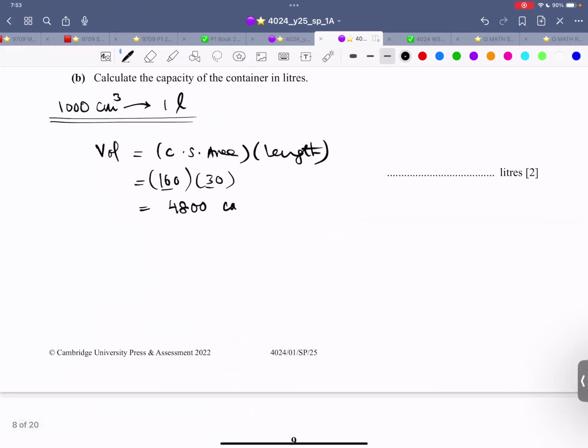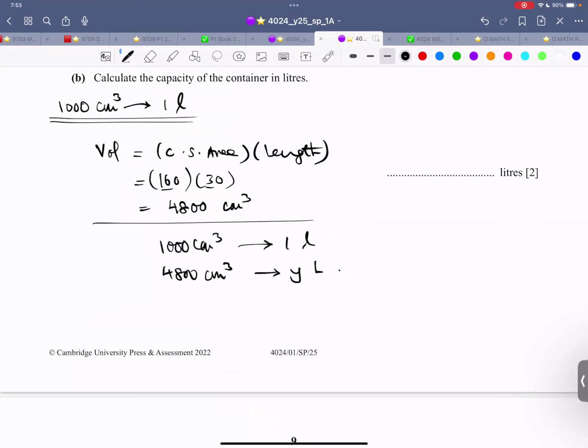This is centimeter cube. So now 1000 centimeter cube is 1 liter. Therefore, 4800 centimeter cube is y liters. So therefore, this is like this: 4800 into 1, divided by 1000. So ratio proportion, y comes out to be 4.8.